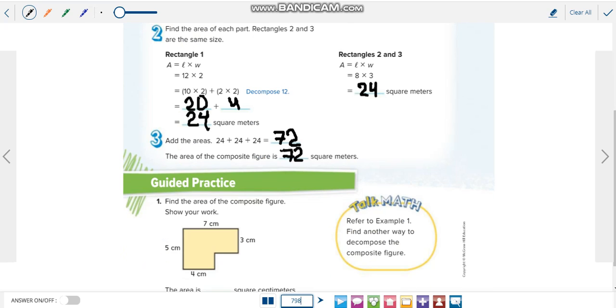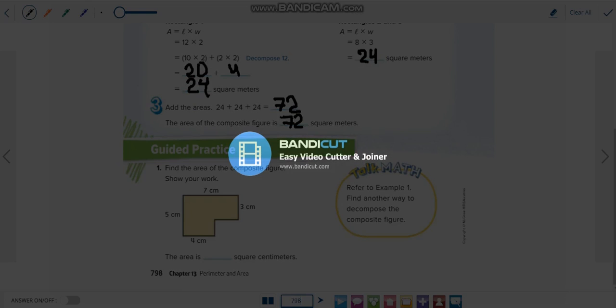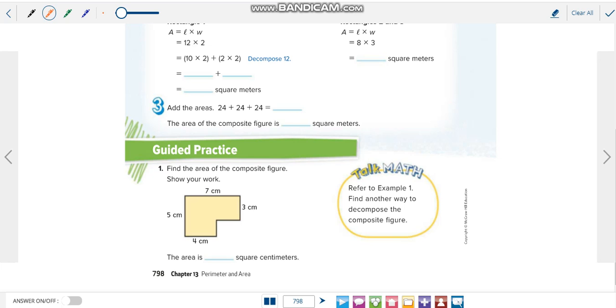Great job. Now let's move on to the following exercise, guided practice, where it says find the area of the composite figure shown. Okay, remember to look for squares or rectangles.